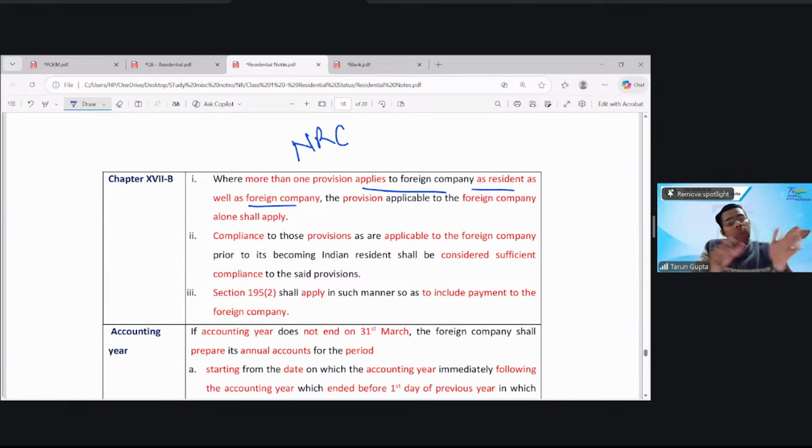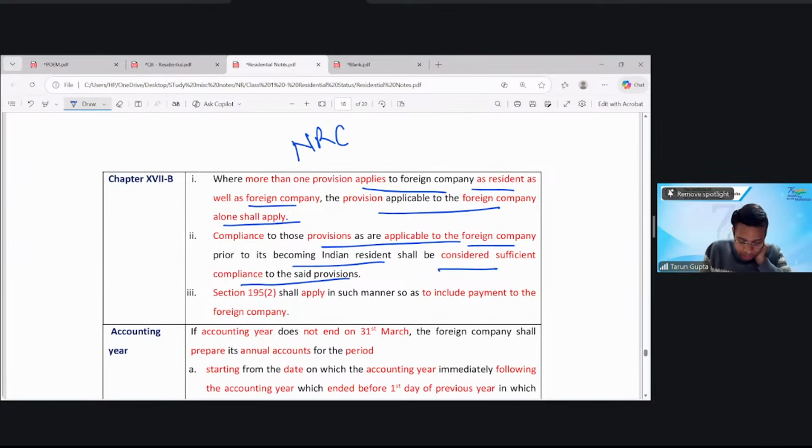So whatever these provisions are, they shall continue to apply to a foreign company. Even if the company has become a resident, if there is a provision which applies to a foreign company, it shall apply to such company as well. The provision applicable to a foreign company alone shall apply. Compliance to those provisions applicable to a foreign company prior to becoming an Indian resident shall be considered sufficient compliance to the said provision.